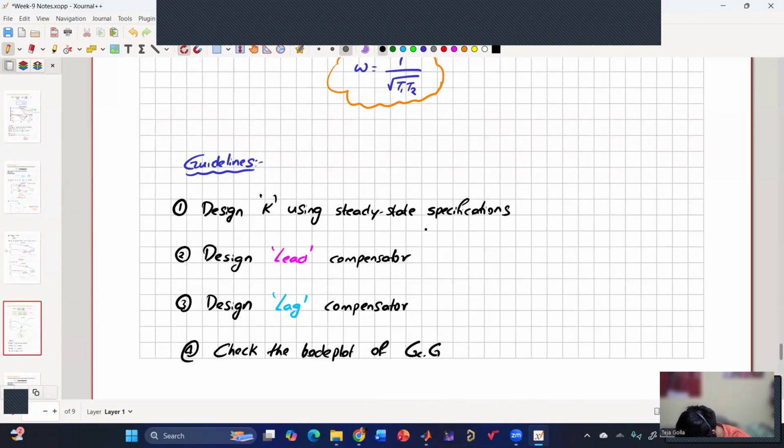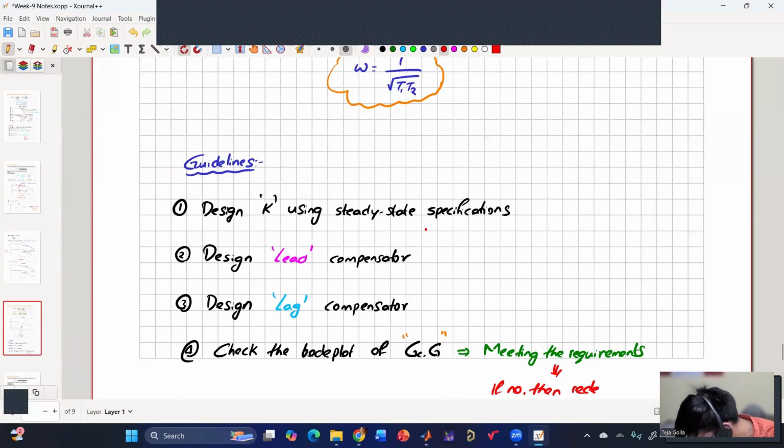whether it is meeting the requirements. If not, then redesign.